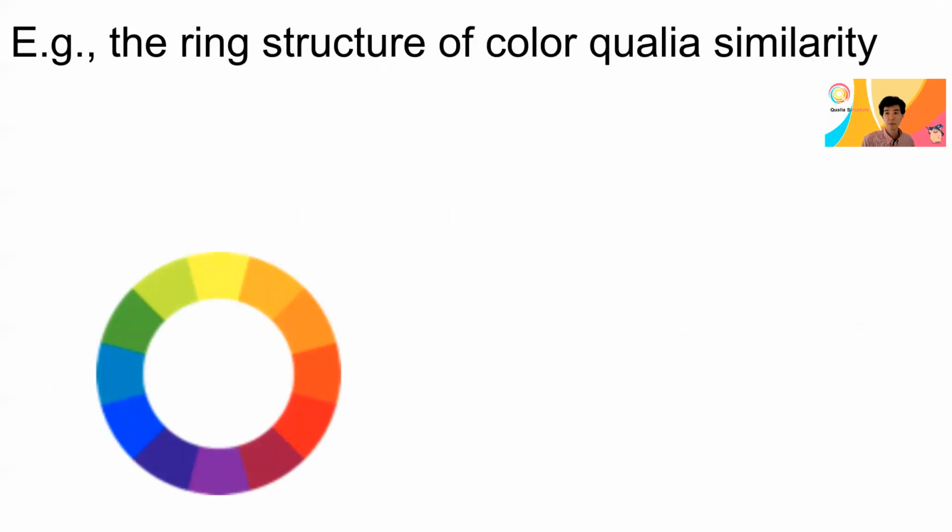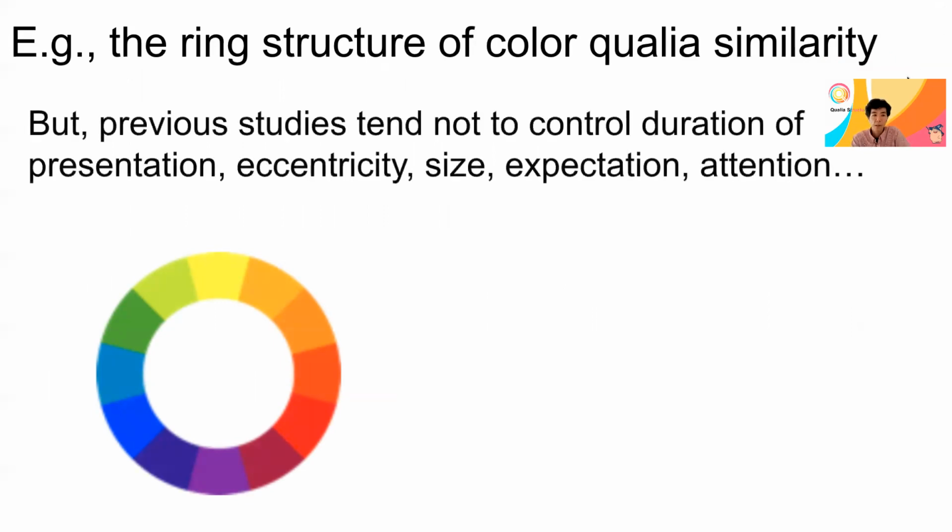So this ring structure of color Qualia similarity is a sort of basis also of Ariel's experiment on the color equivalence between fovea and the periphery. But this kind of color similarity structure has been established through studies that used a pretty coarse method.